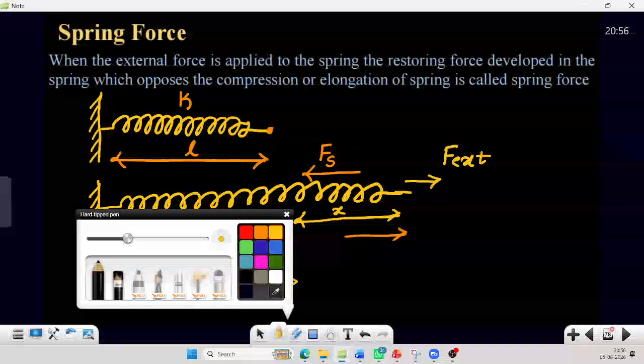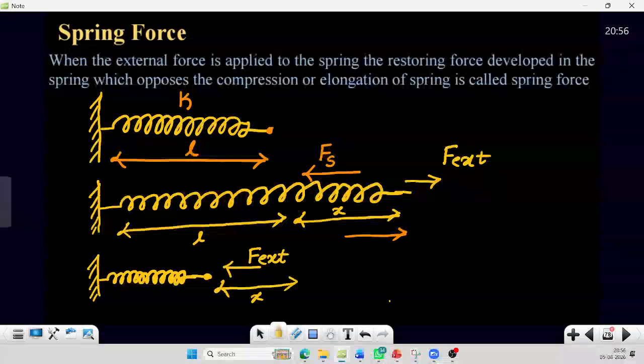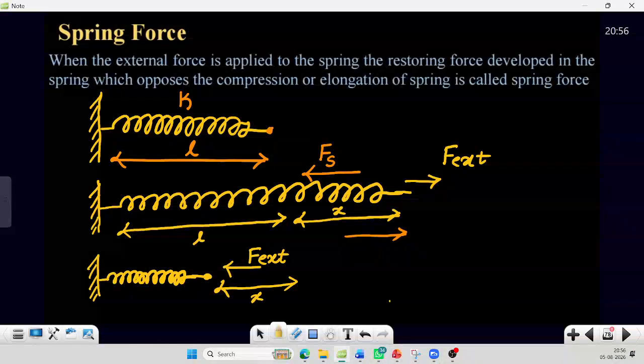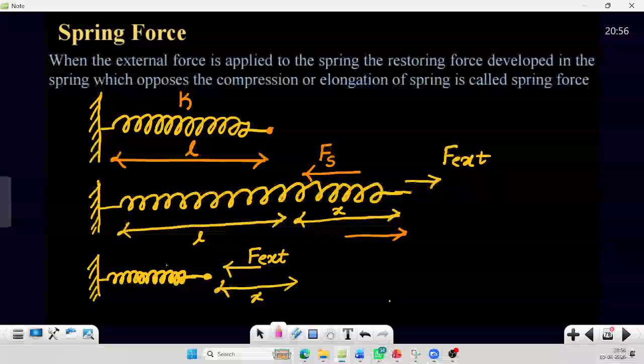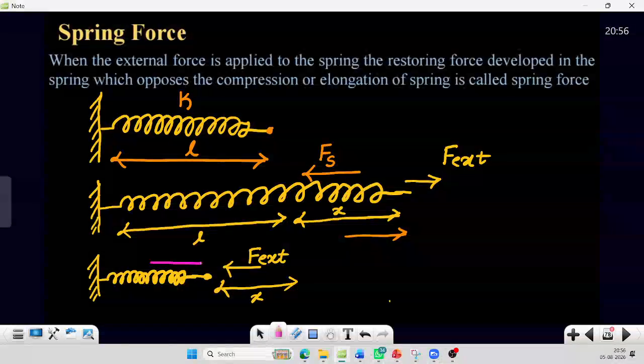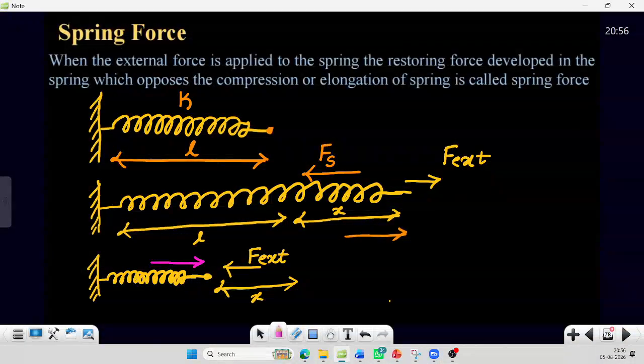Now just imagine, when you try to press the spring, your hand feels a certain amount of force opposite to the movement of the spring, isn't it? So in this case, which direction do we have the spring force? It is in this direction. This is the spring force.